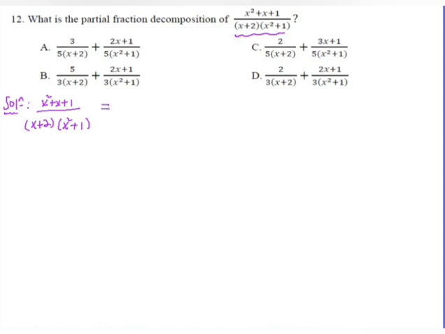We decompose it into some constant over the linear factor x plus 2, plus, since x squared plus 1 cannot be factored into linear form, some linear expression over x squared plus 1.